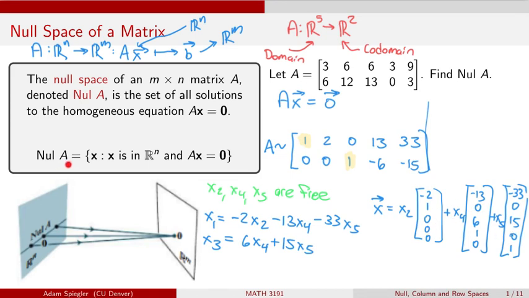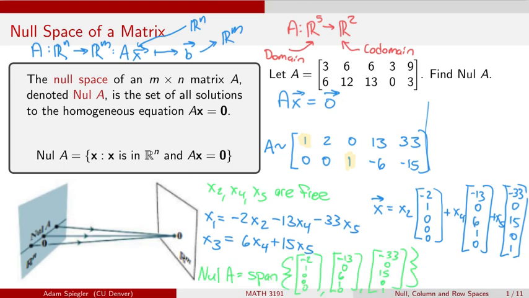So the null space of A is going to be the set of all vectors that look like this. I can express this set as the set of vectors spanned by these three vectors. So we can write the null space of matrix A as the set spanned by the following three vectors. The first vector is minus 2, 1, 0, 0, 0. The second vector is minus 13, 0, 6, 1, 0.